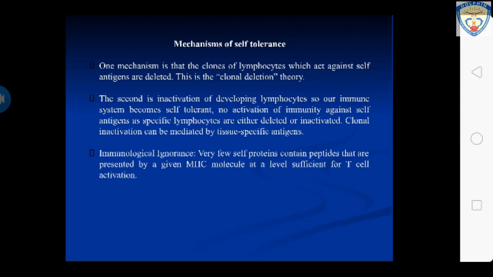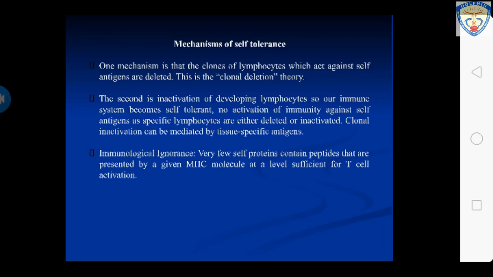Then the second is inactivation of developing lymphocytes. So our immune system becomes self-tolerant. There is no activation of immunity against self-antigens, as specific lymphocytes are either deleted or inactivated. This concept is called clonal inactivation.